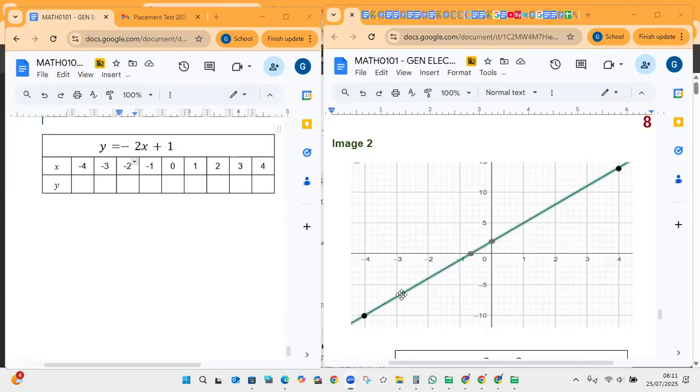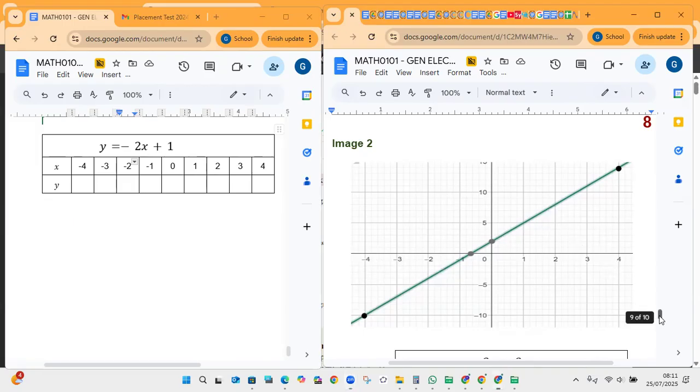In this example, image 2, y is increasing from left to right. That's the behavior of the y values. Bear that in mind. The x solutions are always increasing from left to right. In that case, it is increasing by 1.